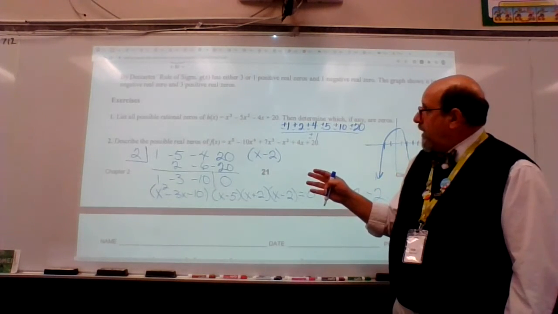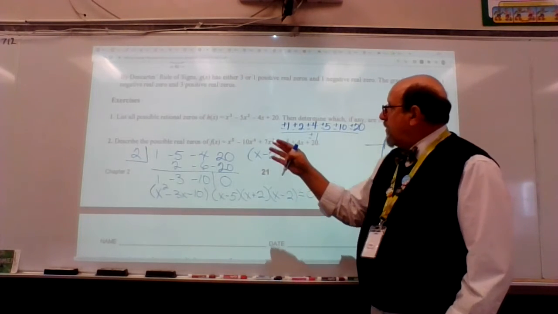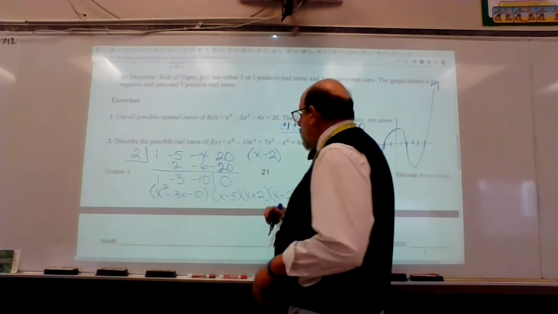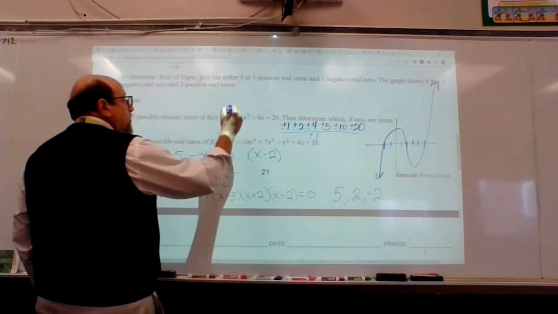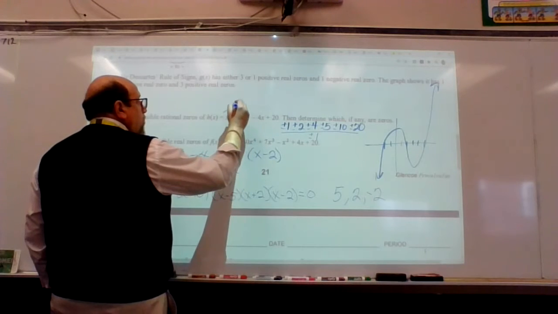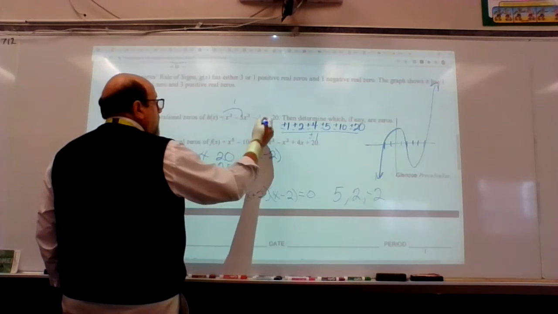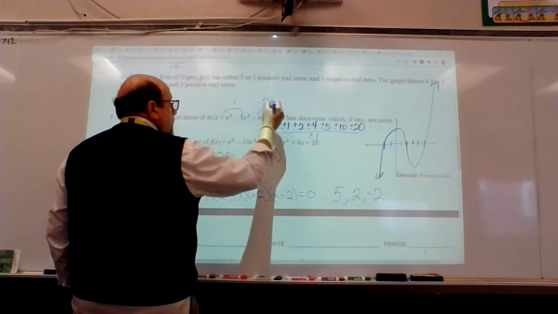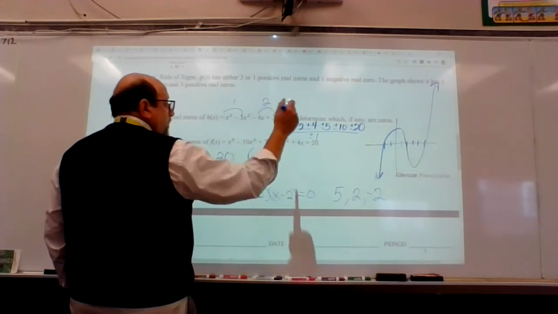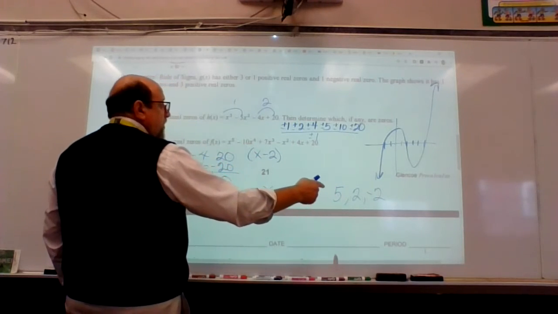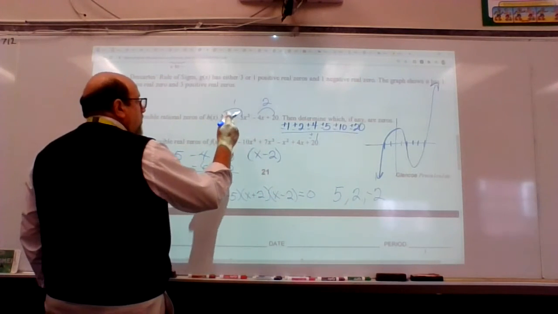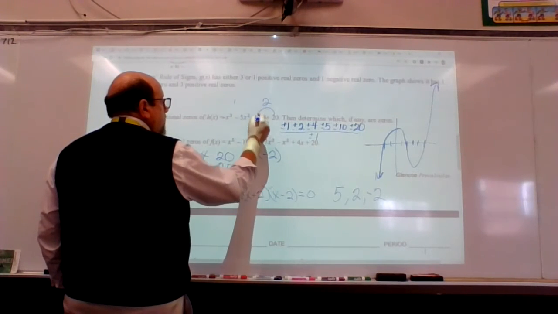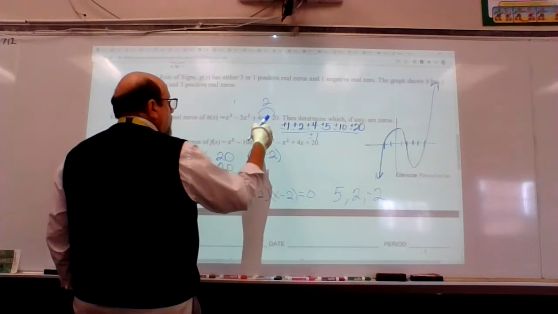If we wanted to look at finding the possible positives and negatives, we would use Descartes' rule, and we would say, okay, well, there's a positive to a negative, so there's 1. Negative to negative, no, but negative to positive. So there's 2 possible real positive roots. And then if we change all these signs, this would be negative, this would stay the same, this would change, and that would stay the same.